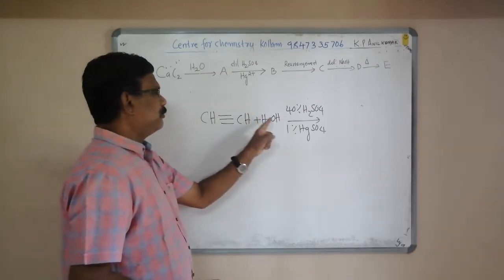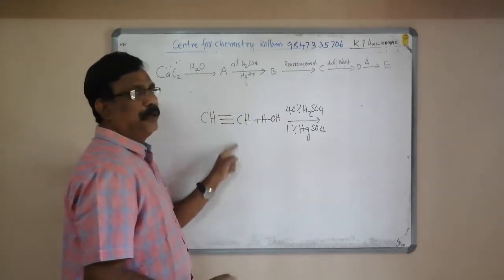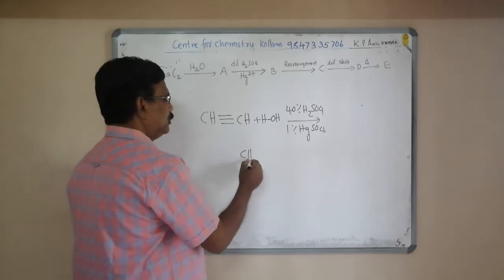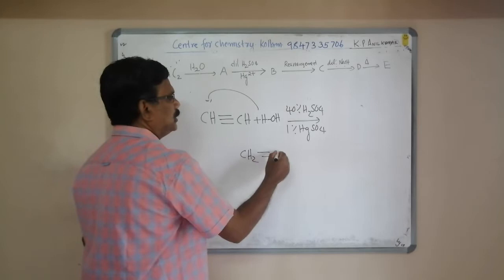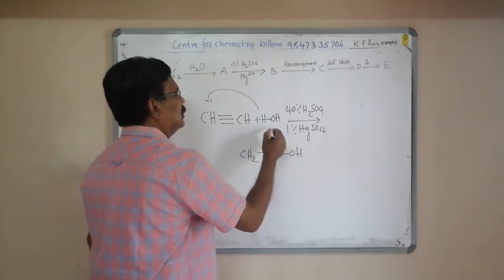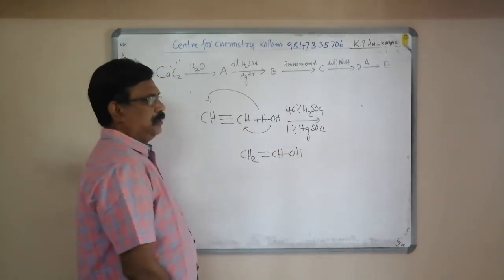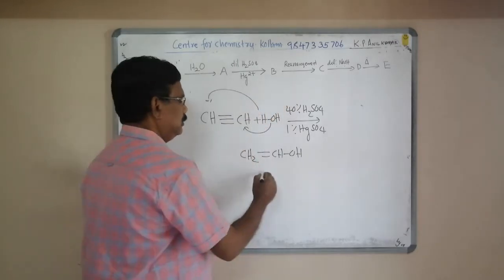H goes to this carbon, OH to this carbon, the triple bond becomes double. So CH2 double bond CHOH, addition.